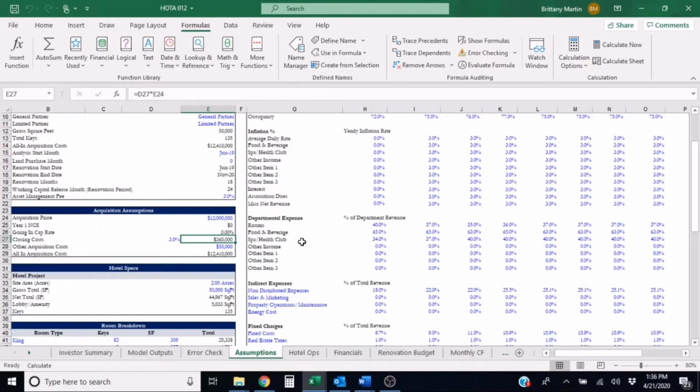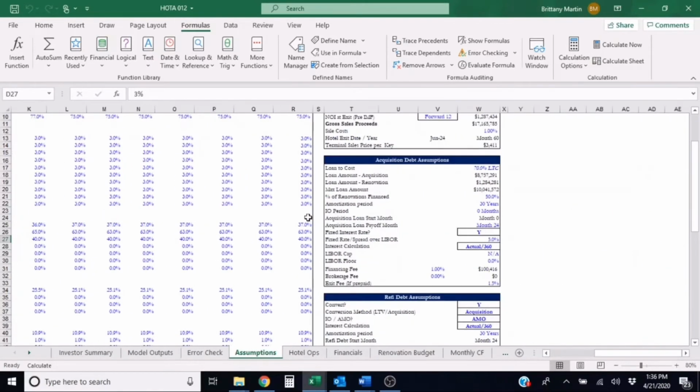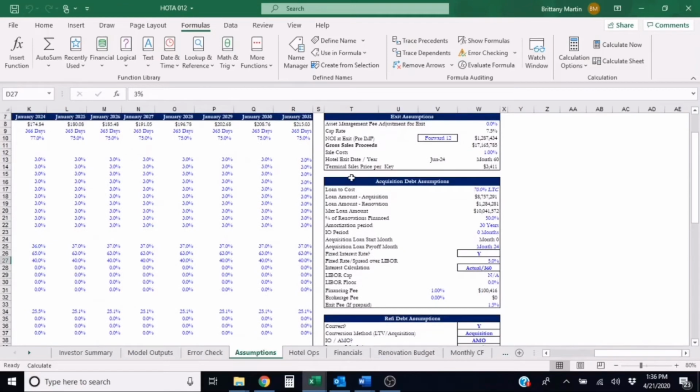An origination fee is essentially the cost associated with taking out a loan and is paid up front. This fee is typically 1% of the loan amount. Always double check that you're not including that cost here as well as in the acquisition debt assumptions.